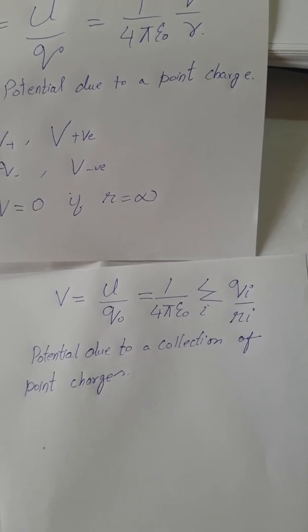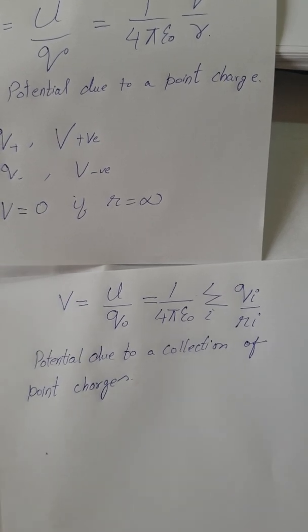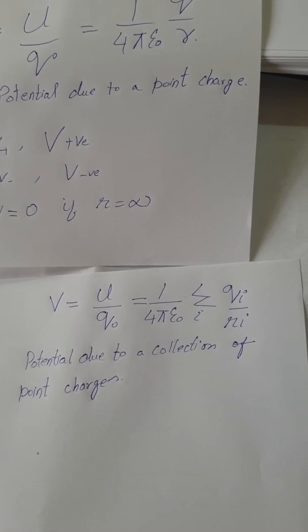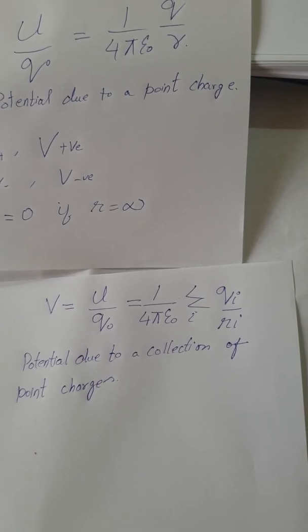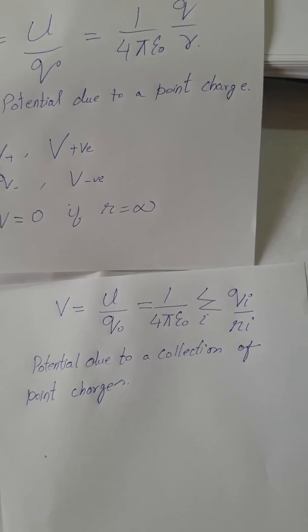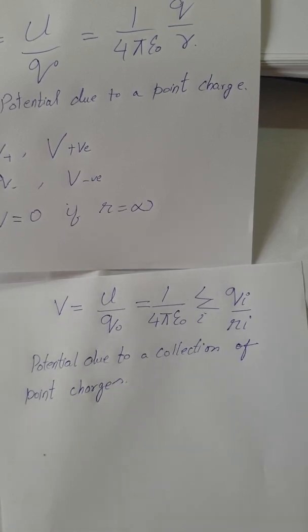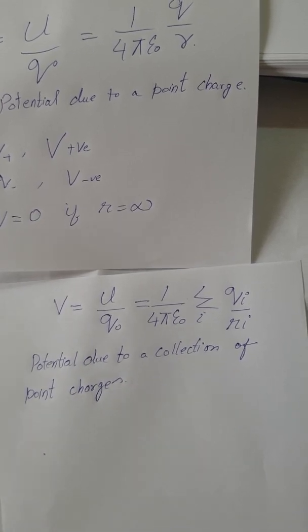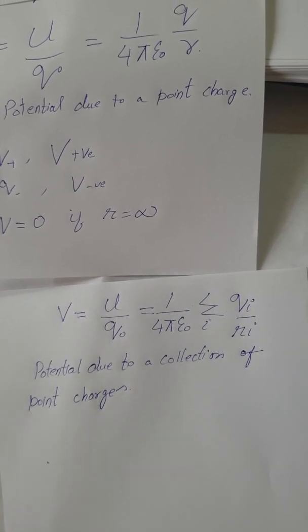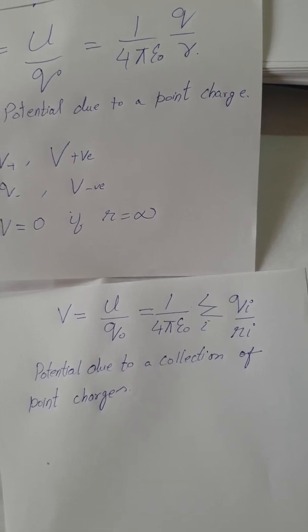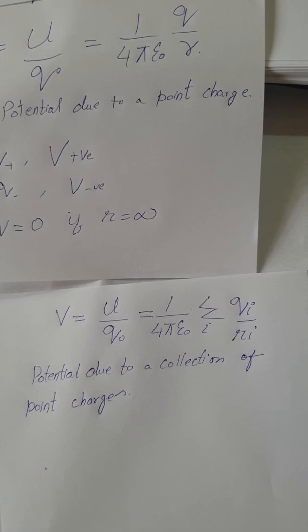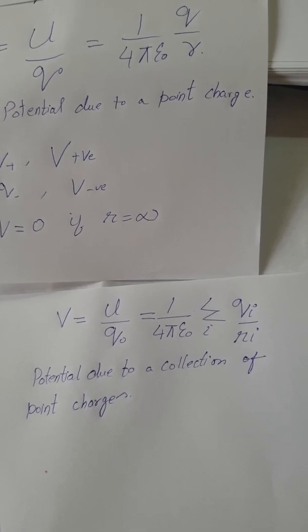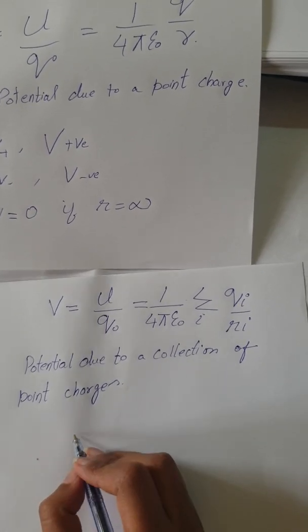In previous chapters, we calculated electric field for continuous distributions of charge along a line, over a surface, or through a volume. In those problems, we divide the charge into small elements dq and then take the integral to find the total contribution. Similarly, we can do it for potential.